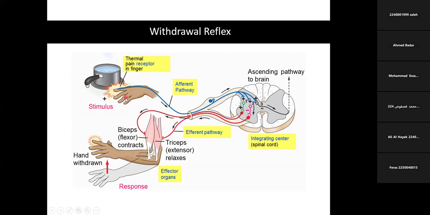Because remove in English is withdrawal. So we remove our hand. We remove our leg from painful stimulus. So this is withdrawal reflex.